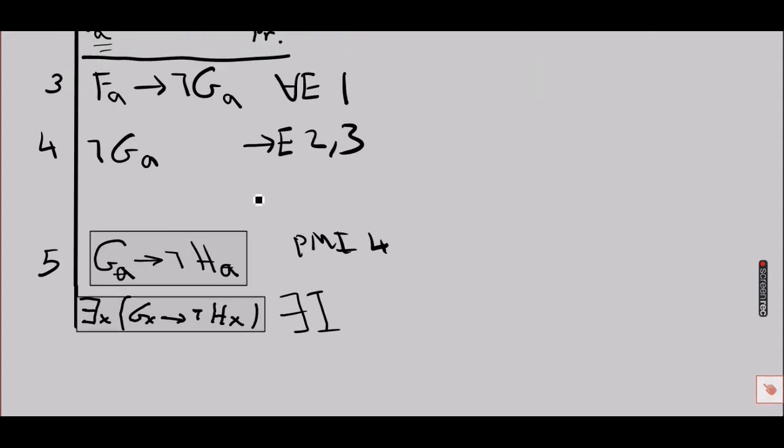Okay, now I have one of the things that I wanted to get. I have an instance of the existential. So from that, I can get the existential. So on line 6, we get the existential because we have its A instance, and the rule is called existential intro.